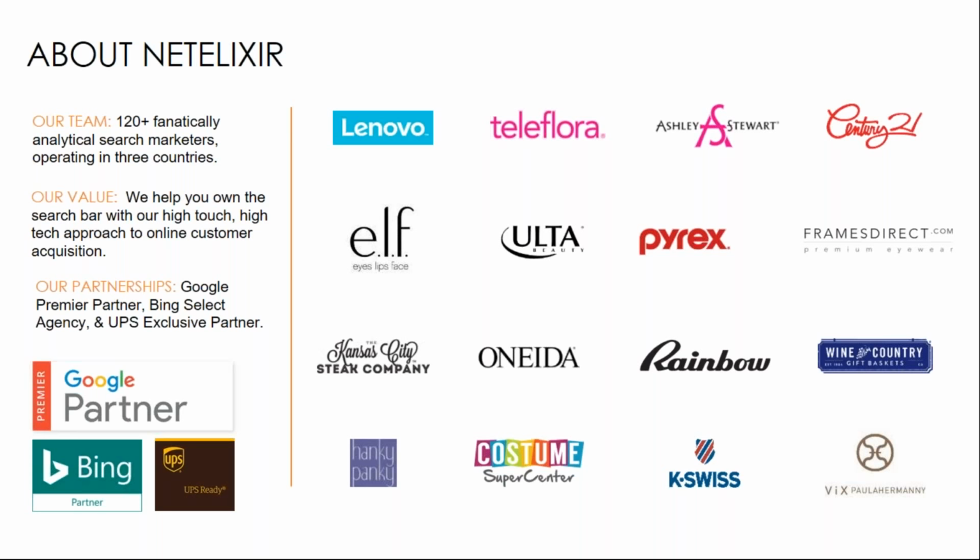We're proud partners with Google as a premier partner. We are a Bing Select agency, and we are a UPS exclusive partner. So shout out to all of the UPS reps that we have on the webinar today. Hey, everyone. And we are very proud of that relationship as well.